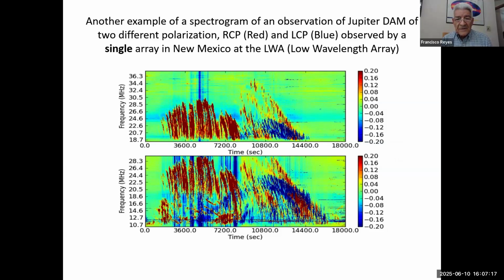This spectrogram is taken from the Long Wavelength Array in New Mexico, in which you can see that the red color is the right hand and the blue color is the left hand emission, and it happened almost simultaneously. The problem here is that this was detected only with a single array, so it didn't have enough resolution to separate from which hemisphere the emission was coming.